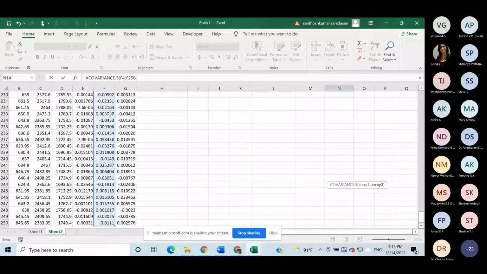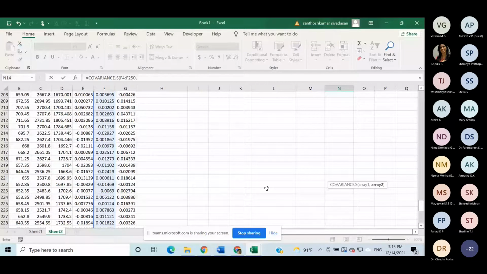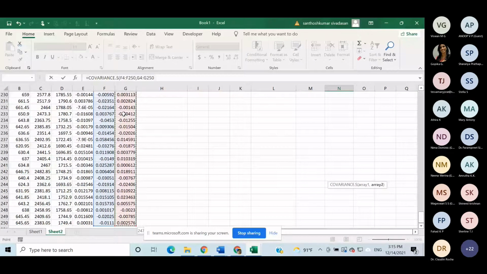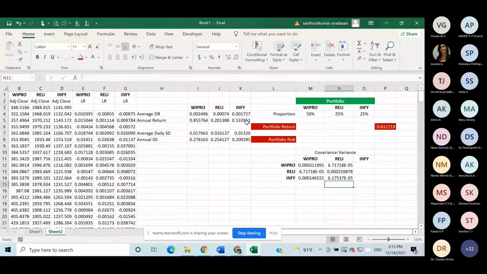The formula will be displayed there. Okay, covariance, array 1, array 2. Array 1 we have given, it is Reliance. So Reliance to Infi we are finding. So you choose Infi, Control Shift down arrow, which will give you Infi. Okay, so the covariance you got.